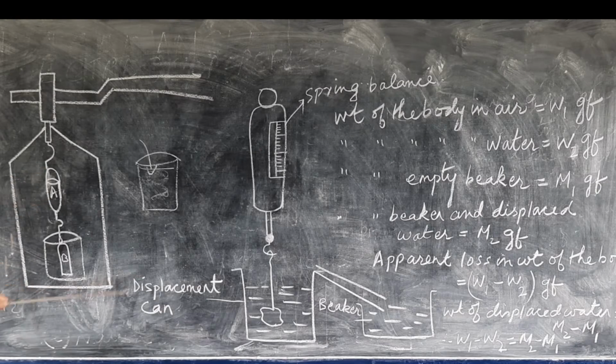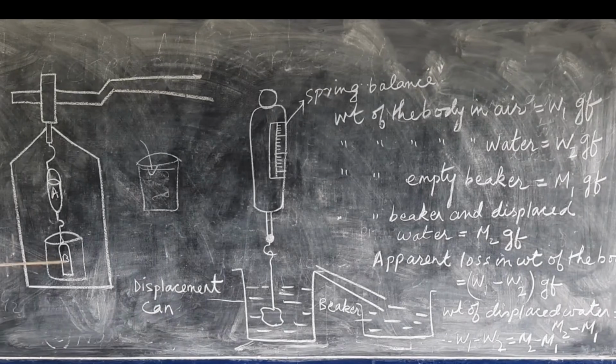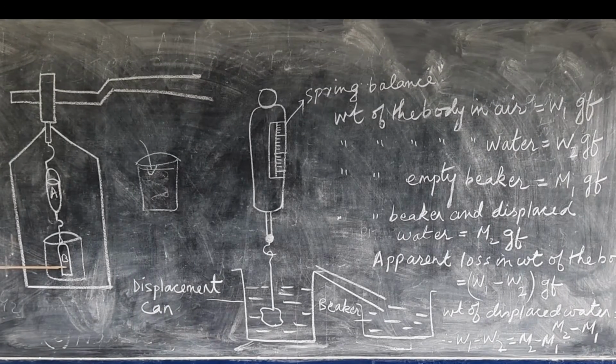Again I repeat here. Why they get balanced is that when you put the solid cylinder inside the beaker, it will occupy space in the water, and the place before was occupied by water.